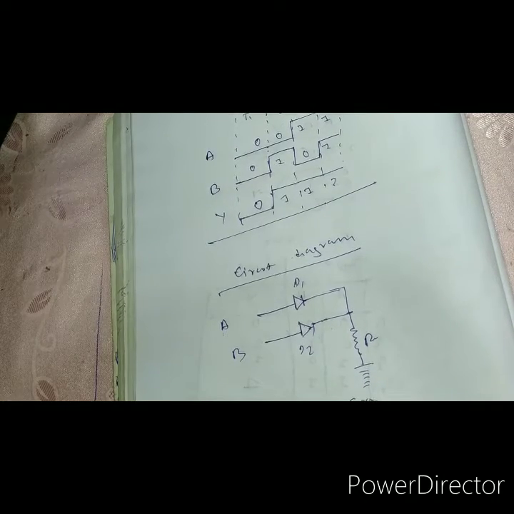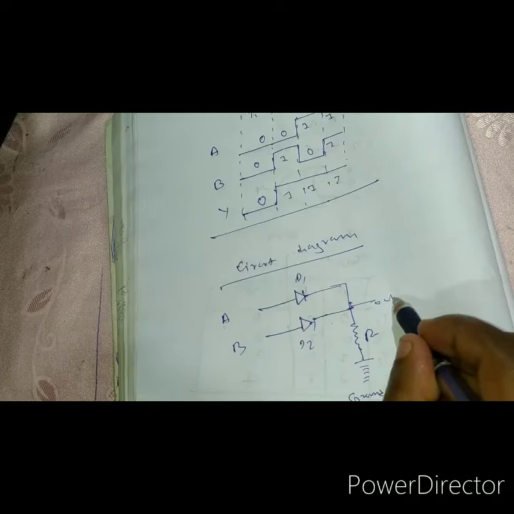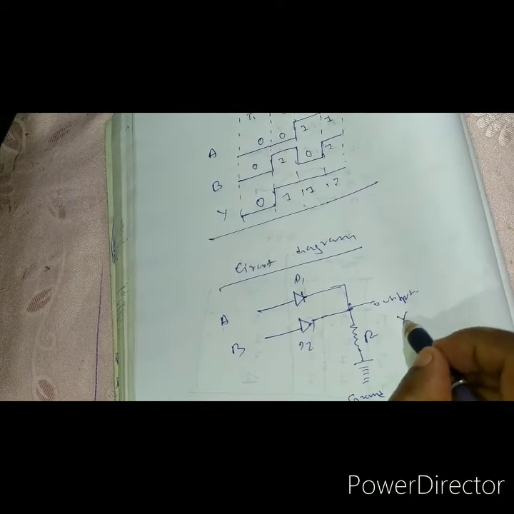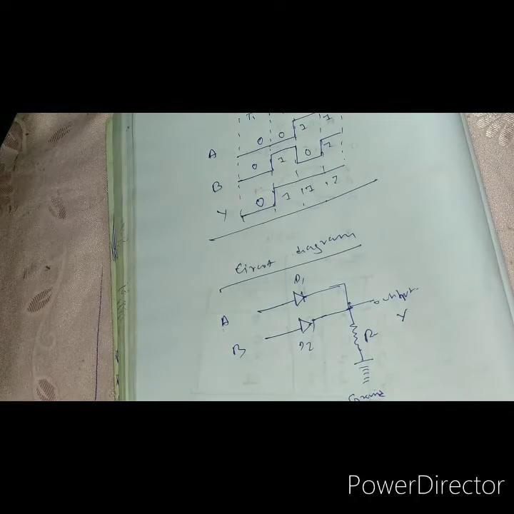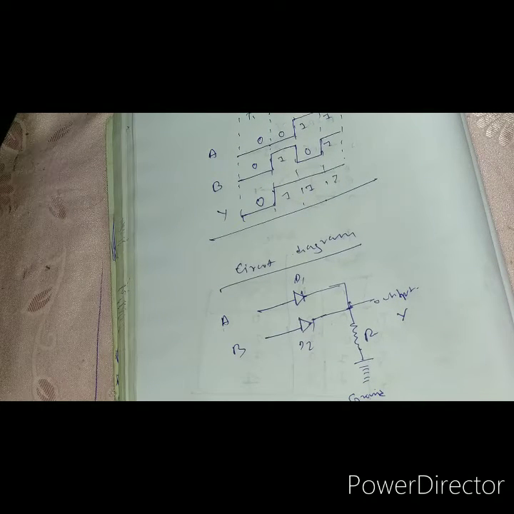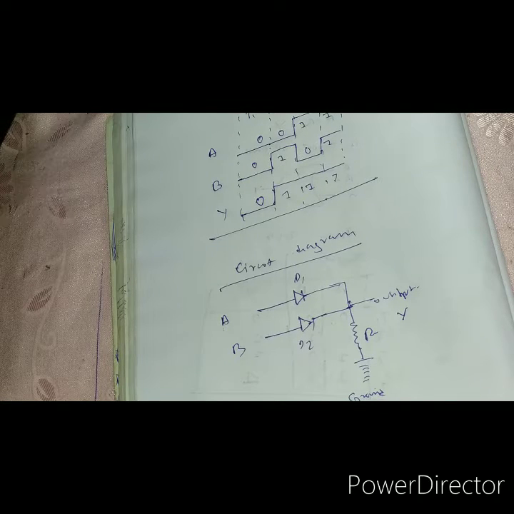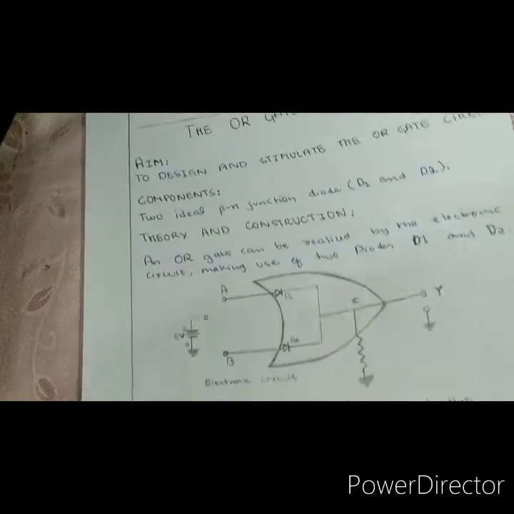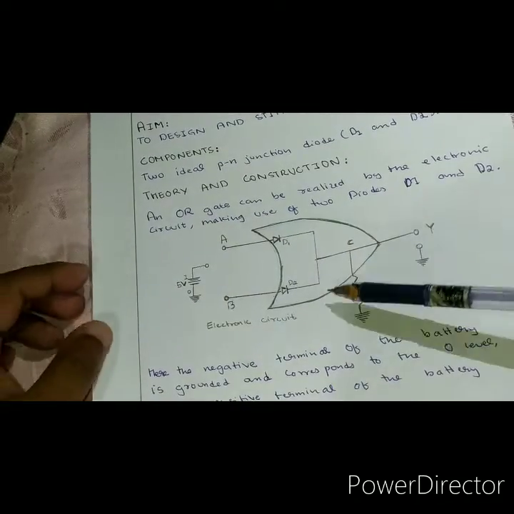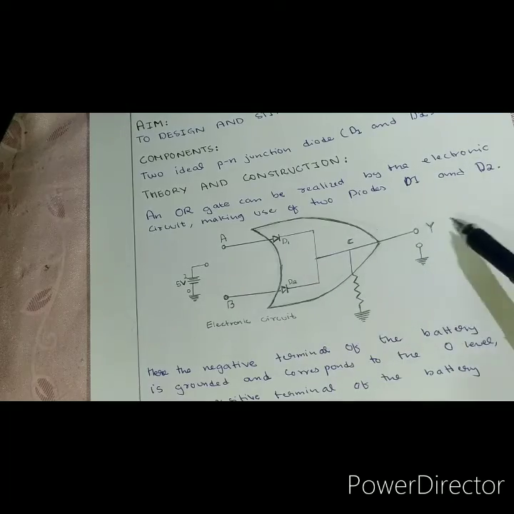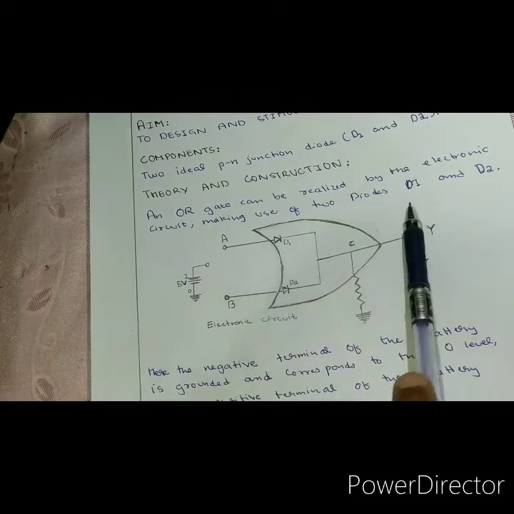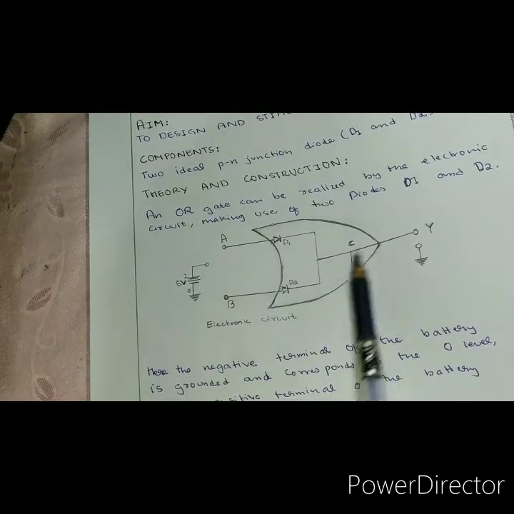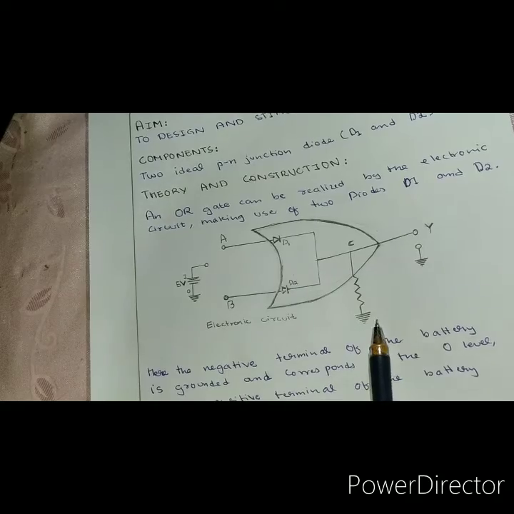And this is the output Y. So this is the circuit diagram for the OR gate, and as we can see, it is internally integrated inside the logic gate. These two are the diodes and they are connected with a resistor which is grounded.